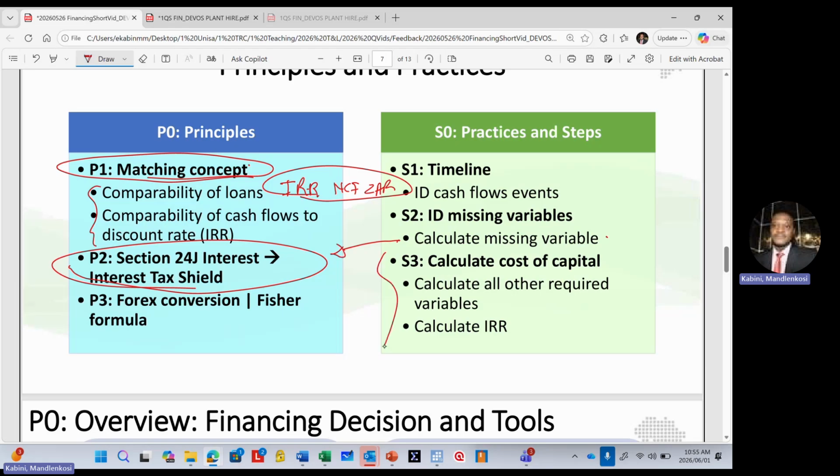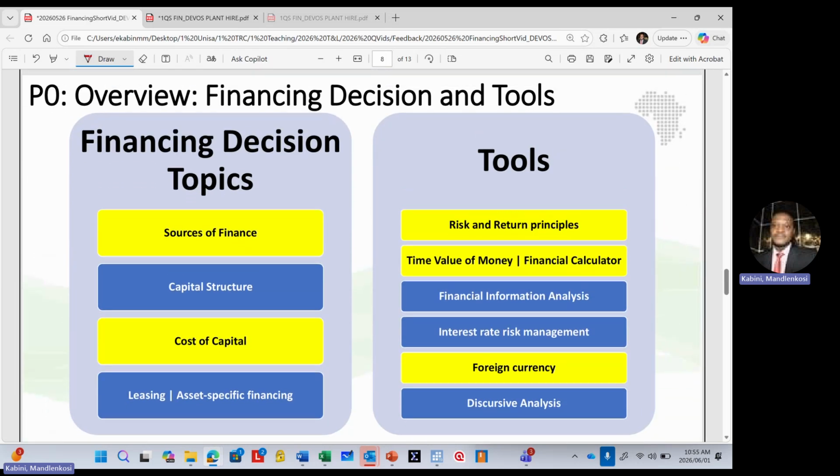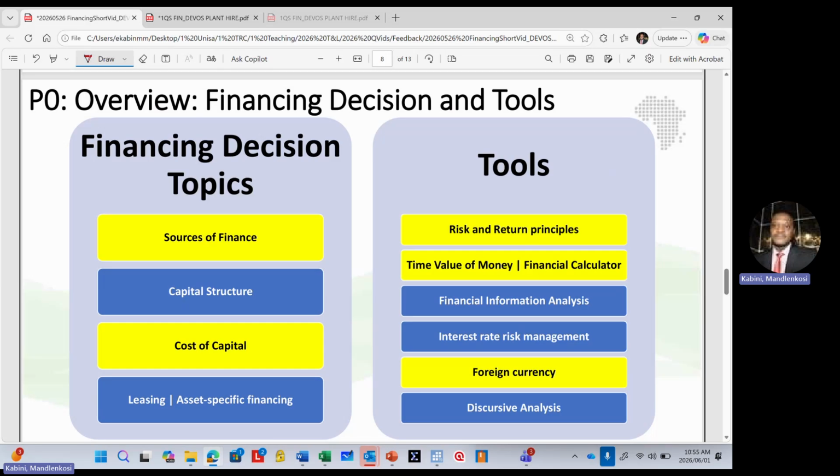Then after having matched the cash flows in terms of net cash flows after tax based on rands, we then calculate the cost of capital to do the comparison. The tools that you need to maybe revise if you struggled with how the calculation is done: some time value of money. You saw we calculated PMT.